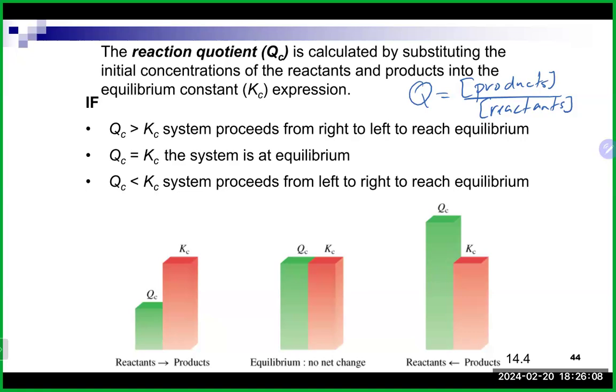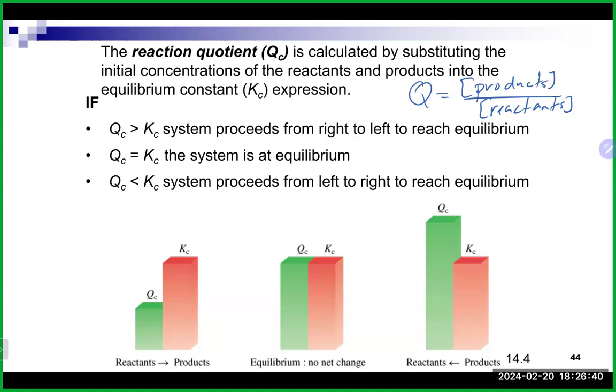You could calculate Q to determine whether or not you're at equilibrium, or you're given initial concentrations of everybody, and you could calculate Q to determine which way you need to go to reach equilibrium. So a basic Q type problem is this: if you calculate Q and you're not at equilibrium, it will also tell you which way you need to go to reach equilibrium. Do you need to make more products to get there? Do you need to make more reactants to reach equilibrium? That is really the value of Q.